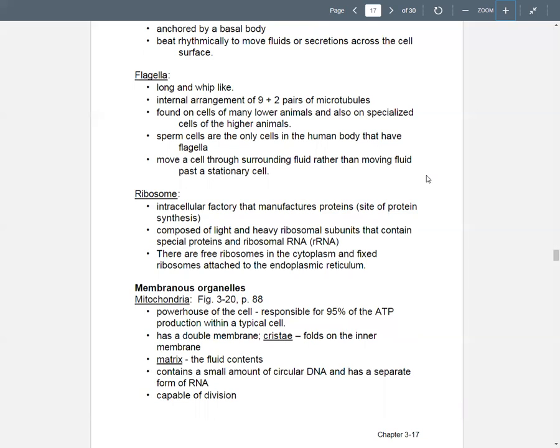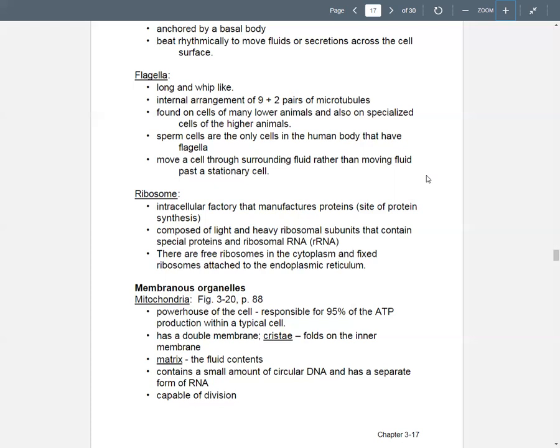And the flagella are the longer projections, and they move kind of like whips. They also have an arrangement on the inside that is basically 9 pairs of microtubules and 2 pairs in the middle. Again, you'll see them on some lower animals. You'll also see them on some higher animals in specialized cells.